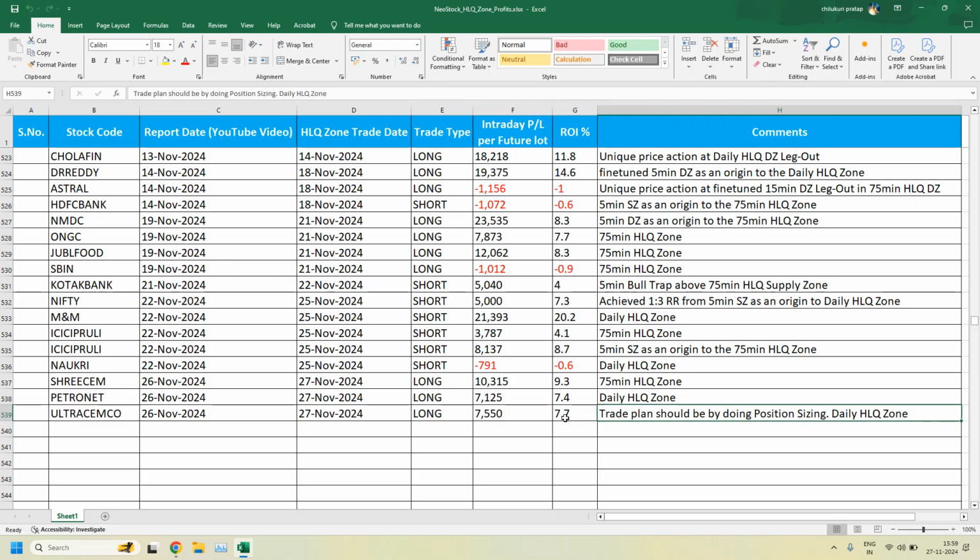Because these values are calculated based on one future's margin cost. But when you do position sizing, you won't get this much RR. Why? Because your money is blocked. You can't release the money. You are taking a smaller number of stocks for the same capital and you are blocking your capital. Why you need to block the remaining capital, I clearly explained in our lesson, I think 18 or 19.